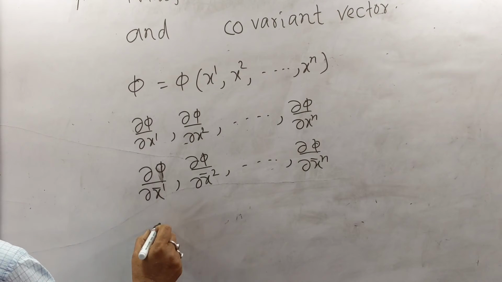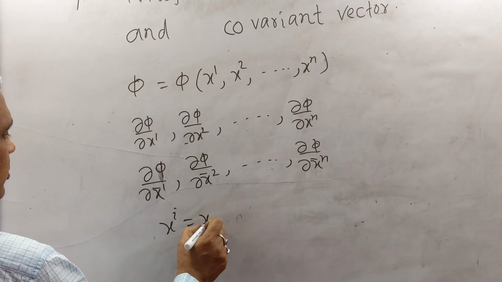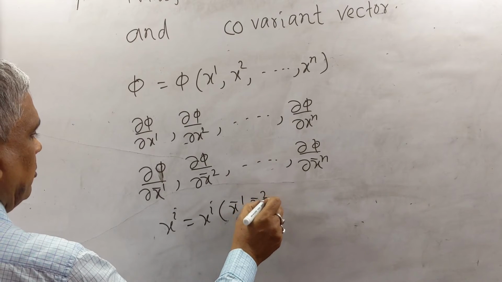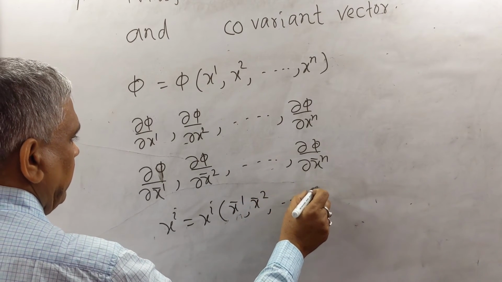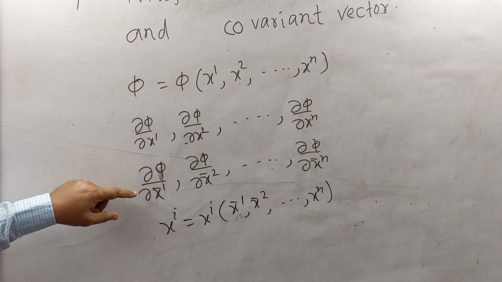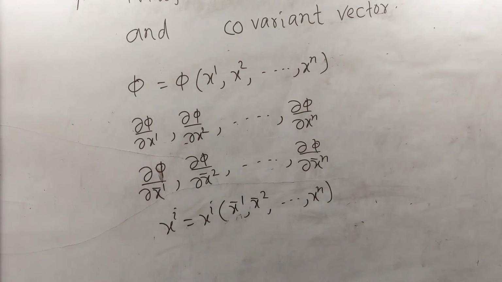Since we know that xi is the function of x bar 1, x bar 2, x bar n, now we relate these components and these components.